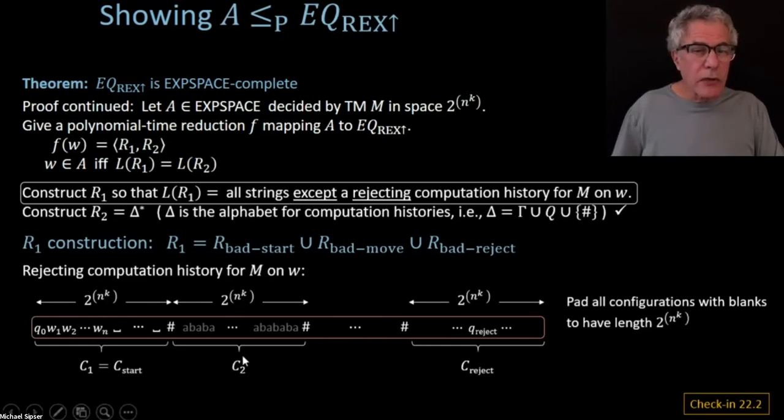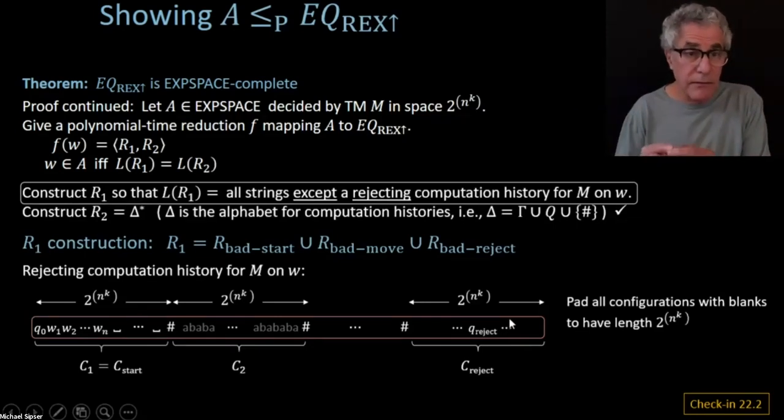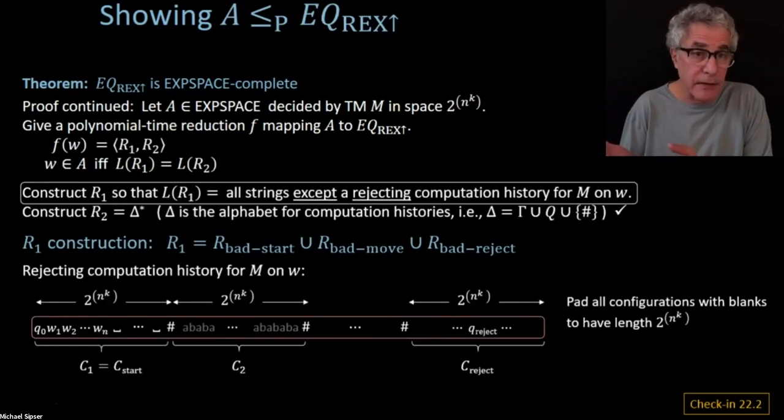So R1 is a regular expression. Over here, we're talking about an ordinary computation history, but it ends with a reject. That's all. A rejecting computation history is just one that's a little different at the end. The machine just ended up rejecting instead of accepting.